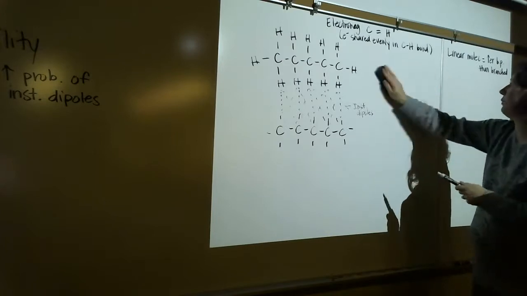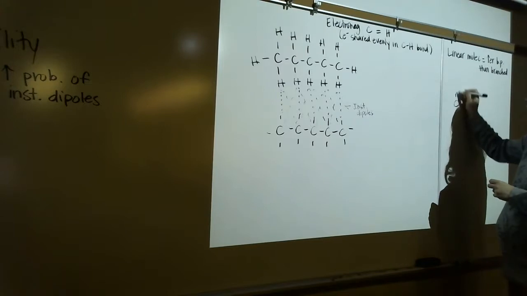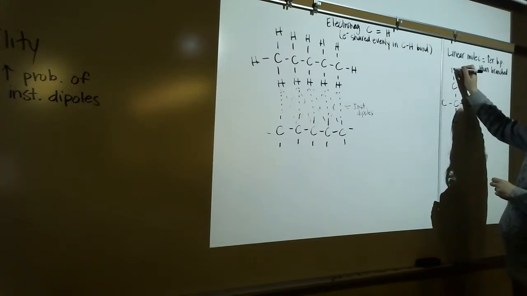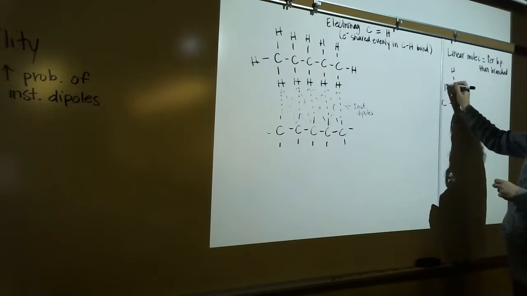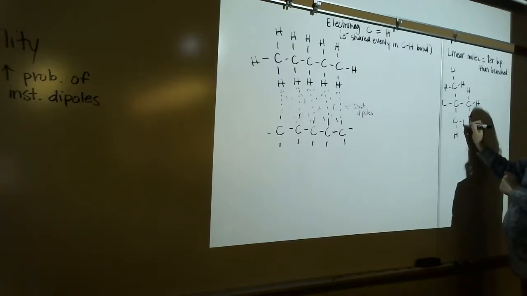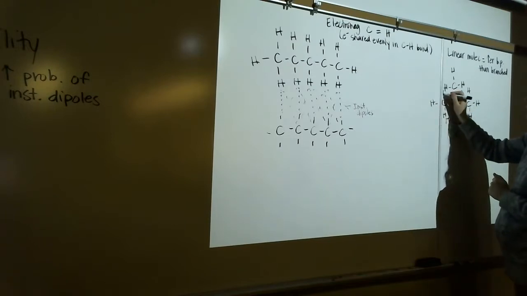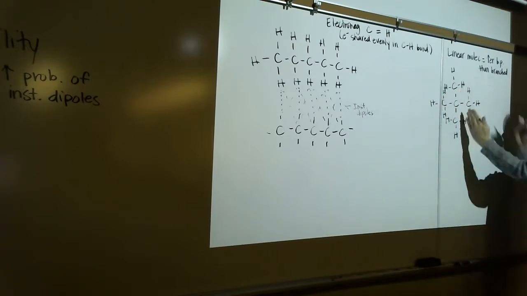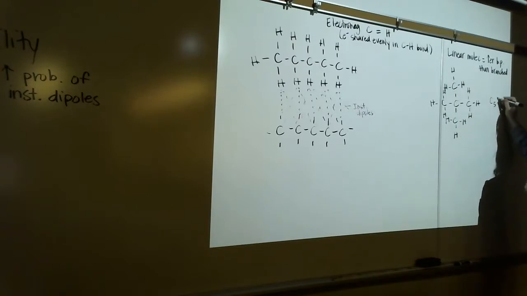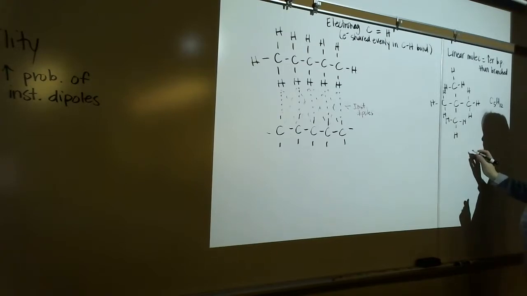We'll also use that same formula, C5H12, but it's going to be put together a little bit differently. So now this one is in a T shape. You'll learn how to name this very soon. This is also C5H12, and we'll learn how to name this next week. Actually, maybe even at the end of this week.